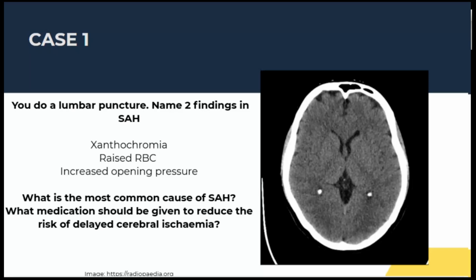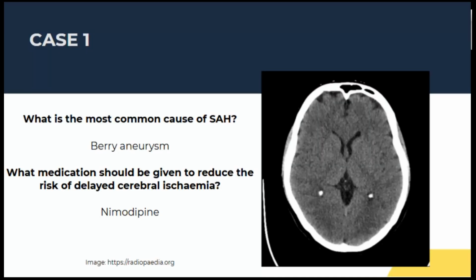Berry aneurysm, Prishni, is correct for the most common cause. The medication that's usually given is nimodipine, which is a calcium channel blocker, and this is used to help reduce the cerebral vasospasm, so it's trying to alleviate the pressure on your brain when there's an increased pressure.